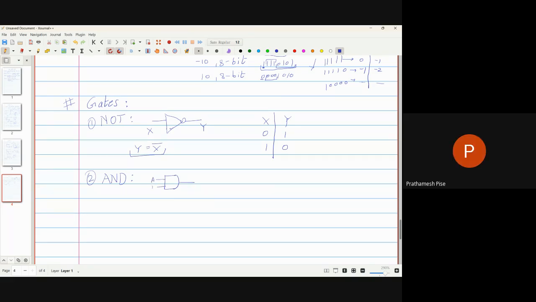If A and B are the inputs and Y is the output, for 0 0 it returns zero, for 0 1 it also returns zero, for 1 0 of course zero, and for 1 1 it returns one.